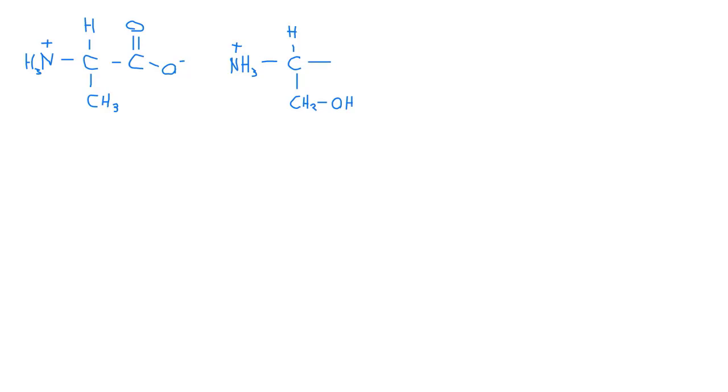And then I'm going to go ahead and do my carboxylic acid group. So this amino acid is called serine. So type this out. Alanine, serine, and no, you will not have to memorize these.